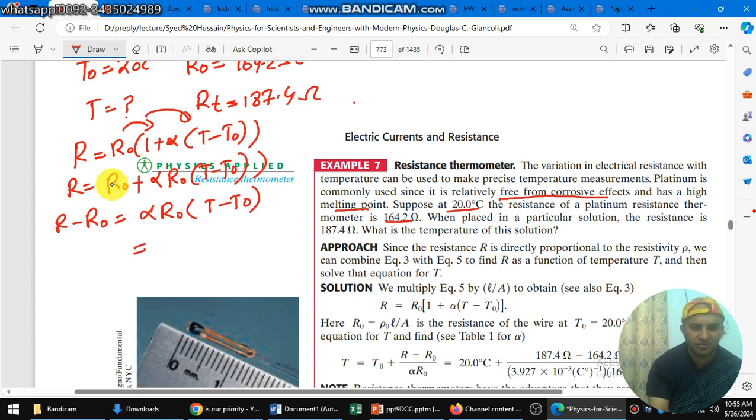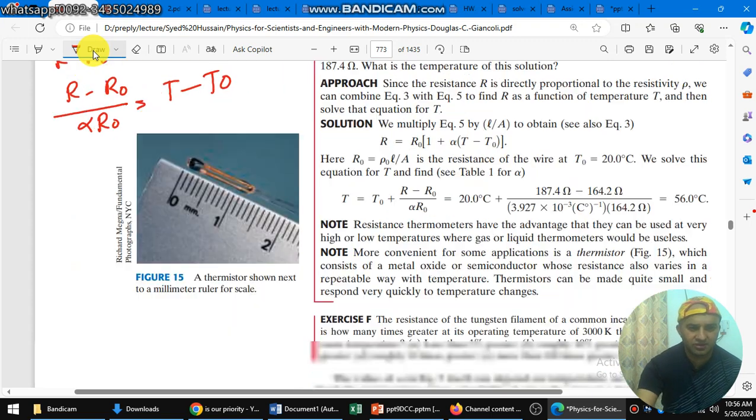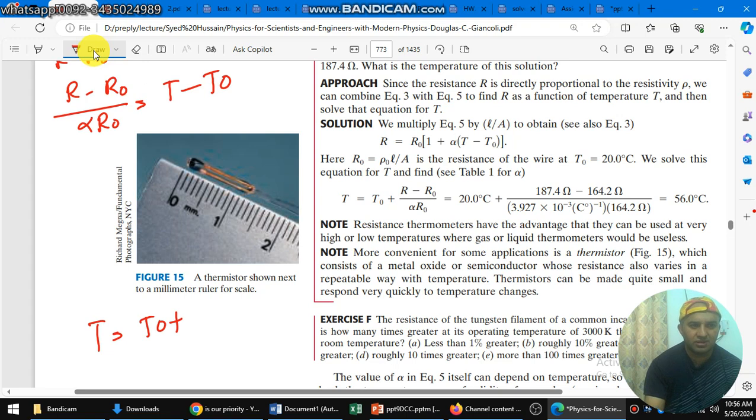So we determine T: alpha R naught T minus alpha R naught T naught. R minus R naught divided by alpha R naught is equal to T minus T naught. So we can find T. T is equal to T naught plus R minus R naught over alpha into R naught.